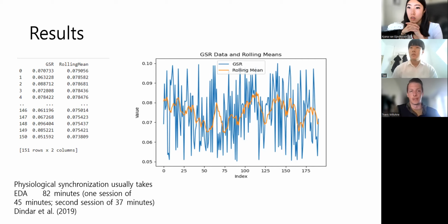What are the units here? The y-axis is the microsiemens, and then the x-axis is the data units, data points, at whichever sampling rate it was.